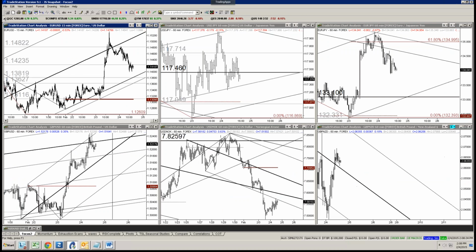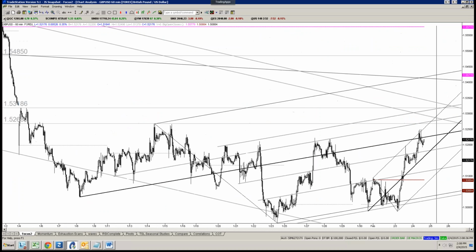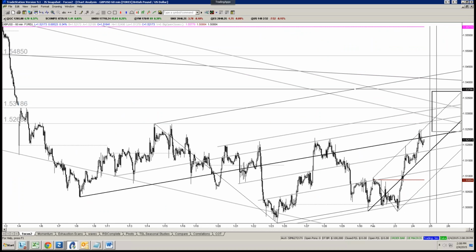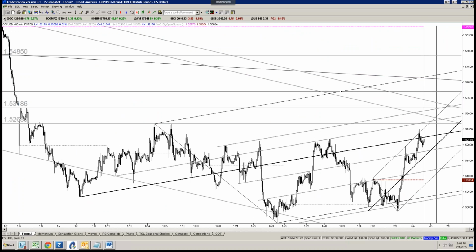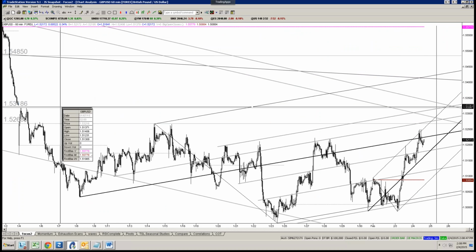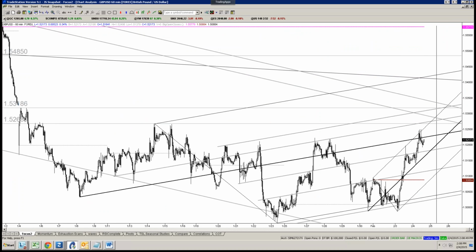Pound dollar, we are long, and I'm looking to get out at 5280 again. There's certainly the possibility I get it of this inverse head and shoulders playing out. I personally am going to get out at 5280 if it trades there, based on the fact there's upper parallel channel resistance from 5280 to 5320.